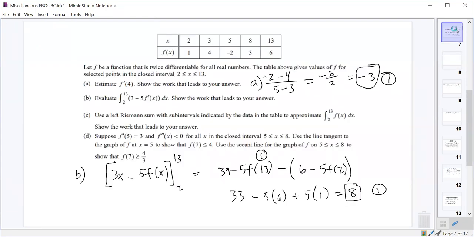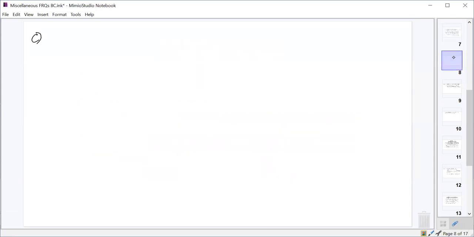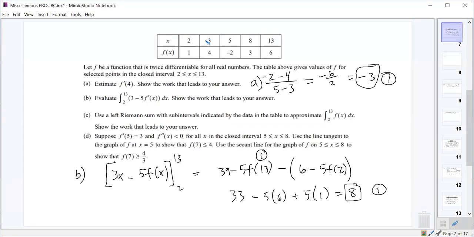All right, part C. We're going to use a left Riemann sum to approximate the integral from 2 to 13 of f of x. So we're going to use the data in the table. We have unequal subintervals here, with lengths of 1, 2, 3, and 5. So we have to do each one separately. The first one has a length of 1 and a height of 1. The second one has a length of 2 and a height of 4.